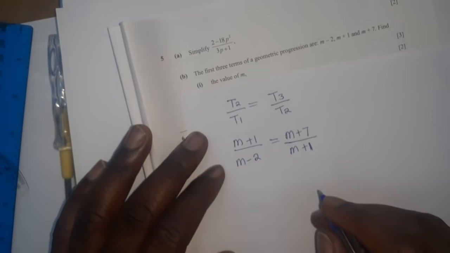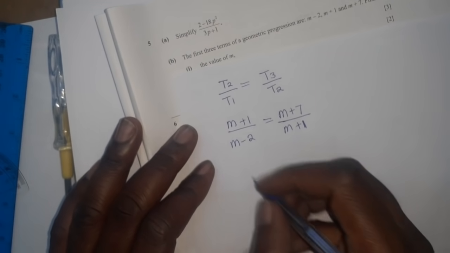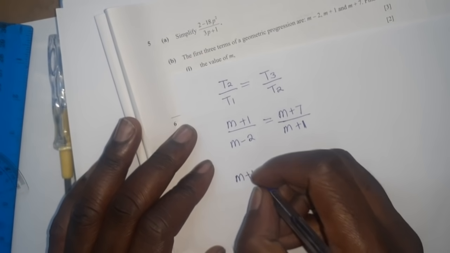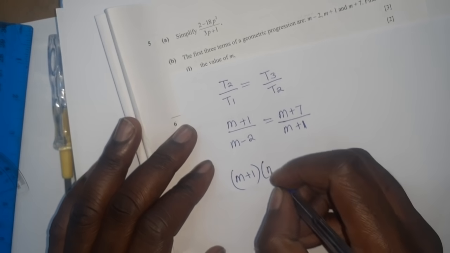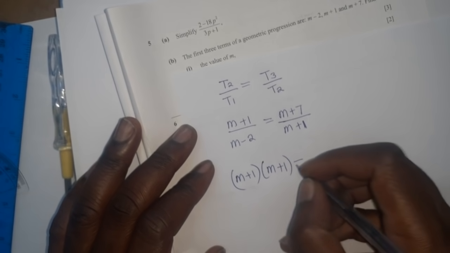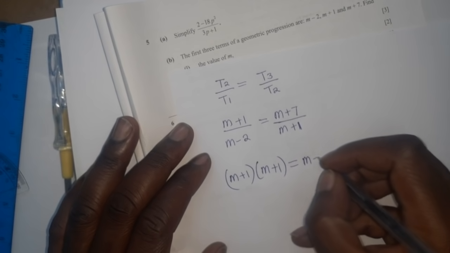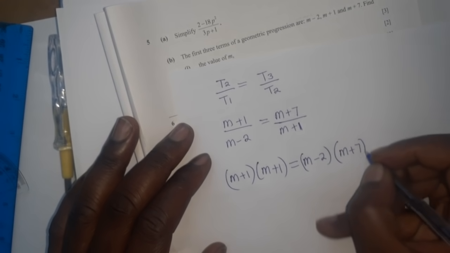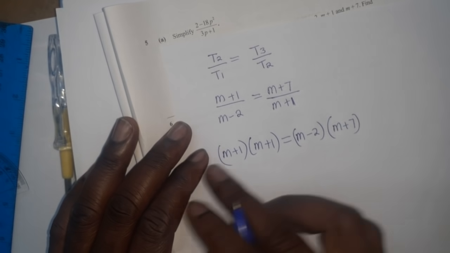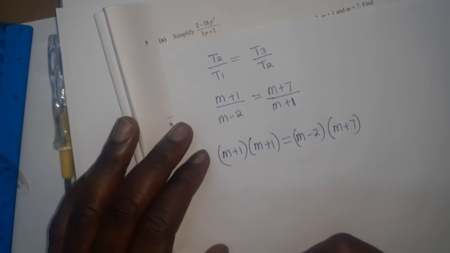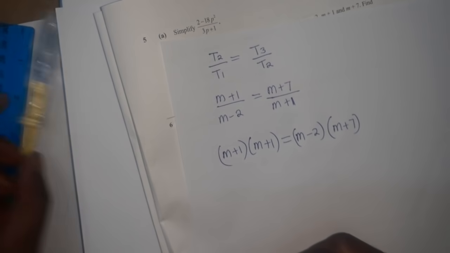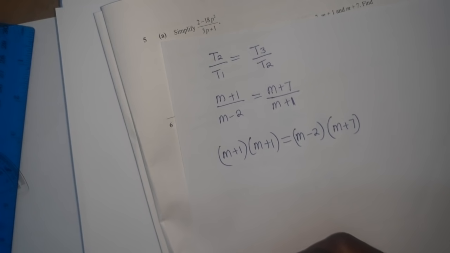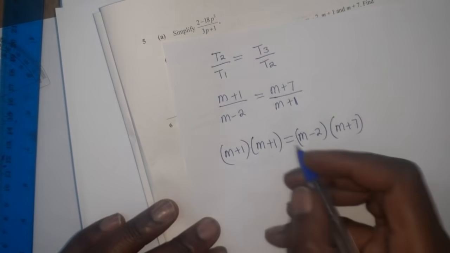Then at this point we can cross multiply. Cross multiply, it means we have m plus 1, then m plus 1, equals m minus 2 and m plus 7. Then you can now simplify this. What are we going to get here?